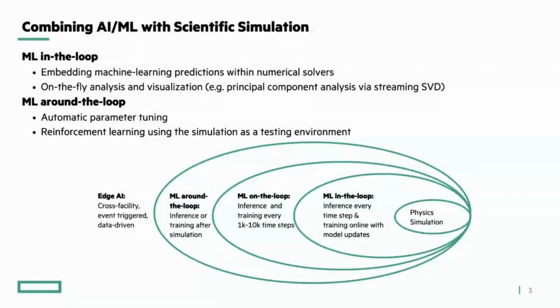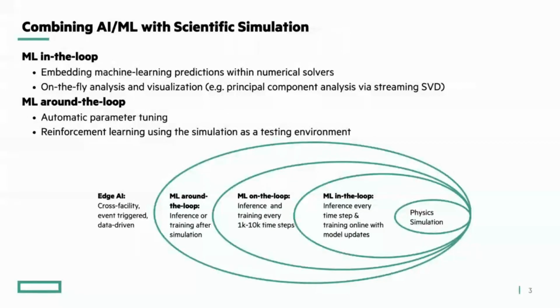And then we also have this concept of ML around the loop, right? So this is applying a type of ML method or AI model around the simulation. So it modifies inputs, it monitors outputs, and then it's doing something using that information from the simulation and the way that it modifies this.